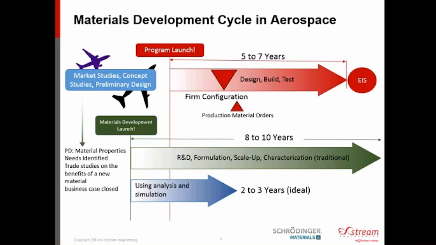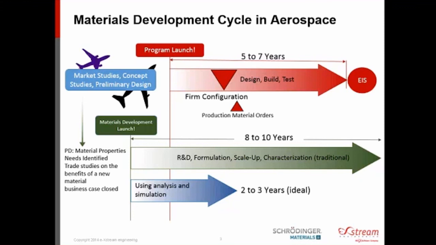Unfortunately, with the way that the material development cycle happens now, those ideas for improvements and those needs come out of that PD activity and go into a materials development activity, which is largely empirical. And there's R&D, there's formulation, scale-up, characterization. All of those things need to be done.